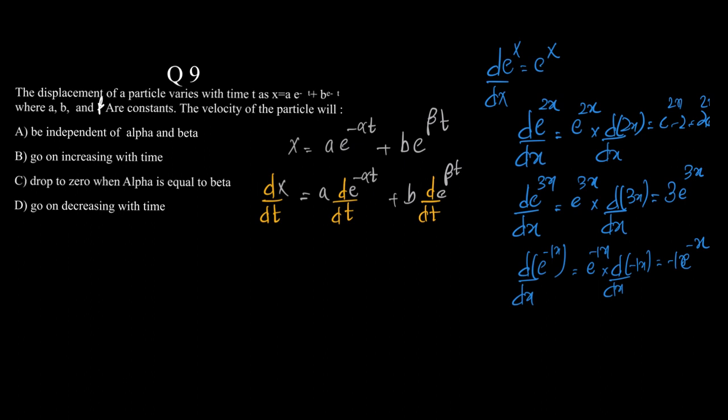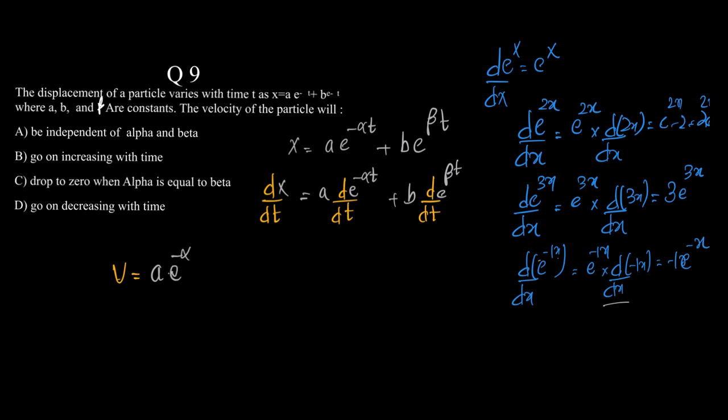So the answer goes like this: dx by dt, which is equal to v, is equal to a into, use this logic here, what is d by dt of e raised to minus alpha t?